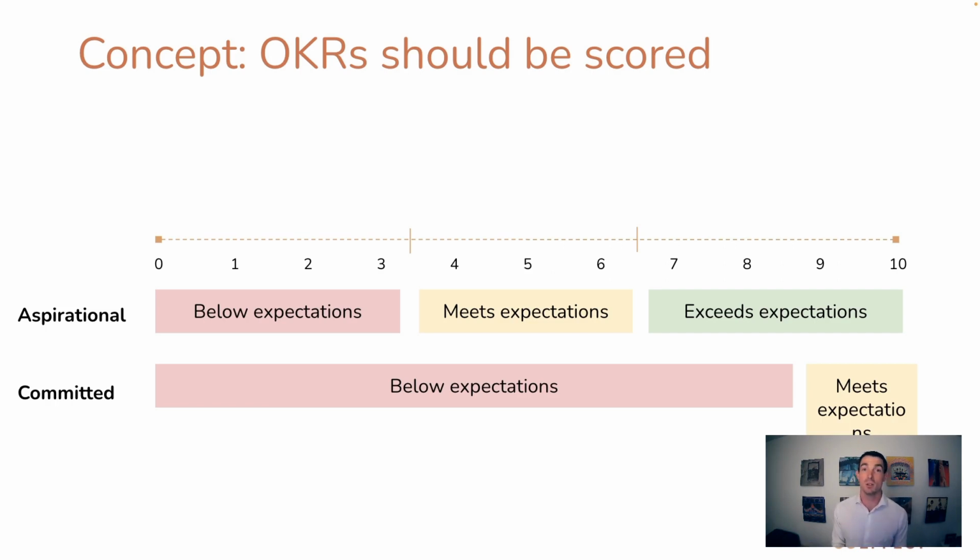So remember, a committed OKR is a goal that we expect to fully meet. So we sure as heck better be getting a 10 or a 9 out of a scale of 10 on those key results. Anything less than that is below our expectation. So very helpful to score these things on a common scale, despite the variety of metrics, and helpful to differentiate between these two things.